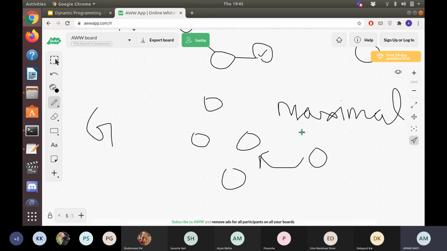So that's what we mean by maximal. It's not maximum, it's maximal. You can't add one more node and still keep it as an independent set. So this is what I mean by a maximal independent set.